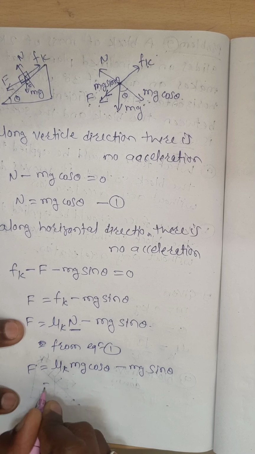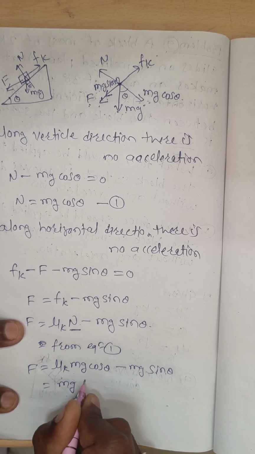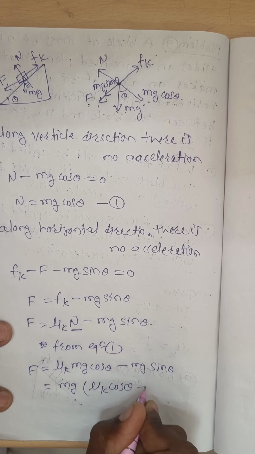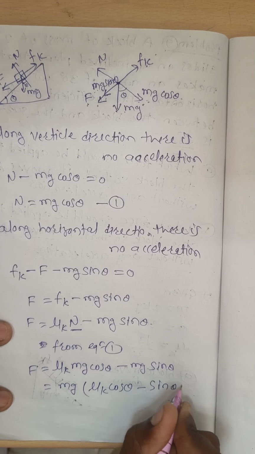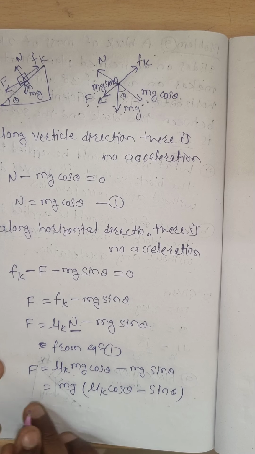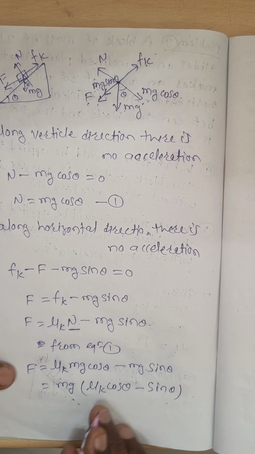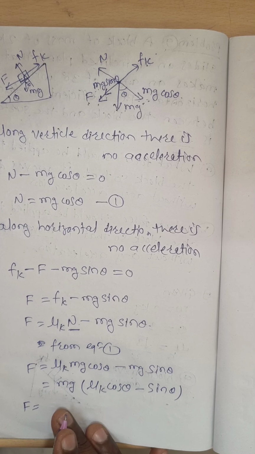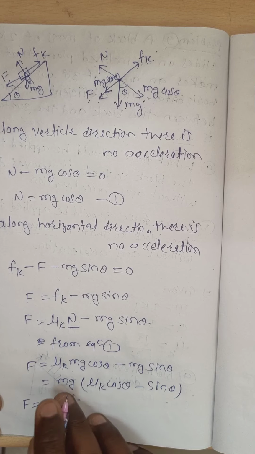Taking mg as common, F is equal to mg times mu k cos theta minus sin theta. Now we put in all the values to easily find the force applied on the object without any acceleration.